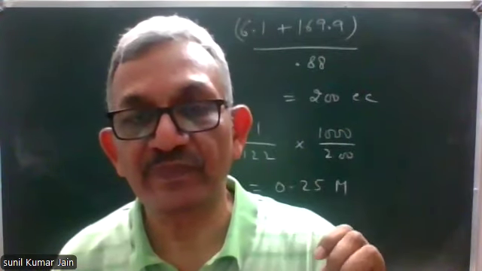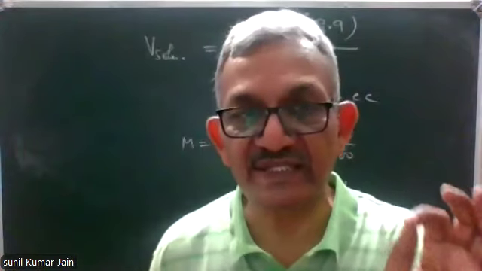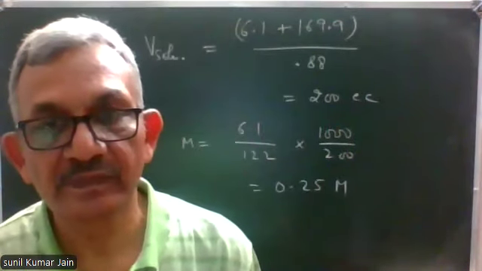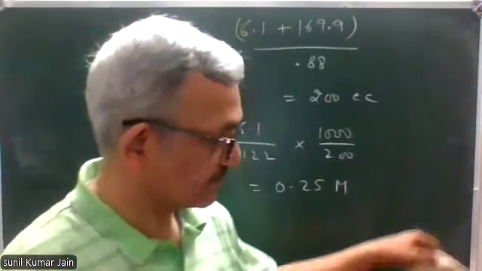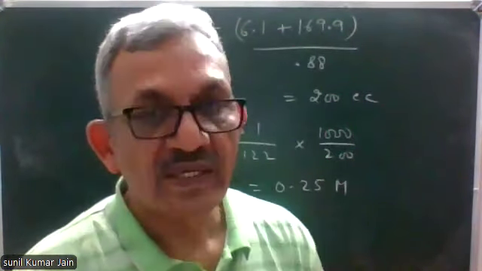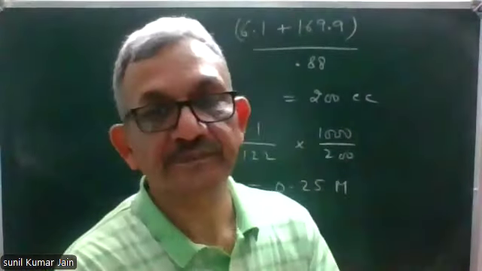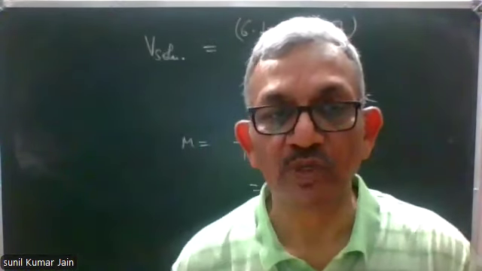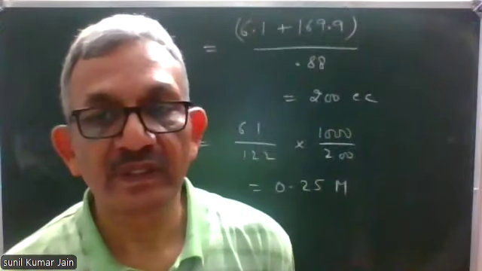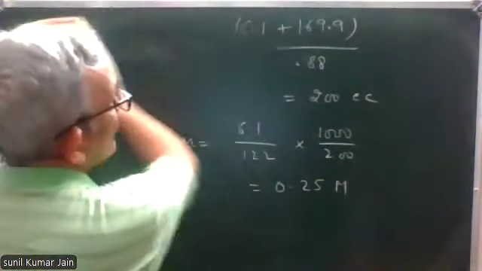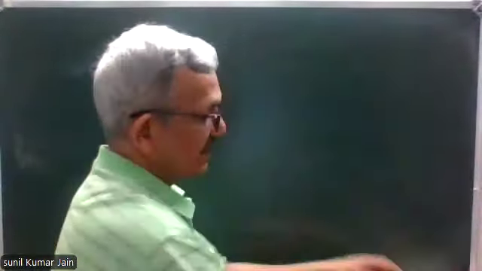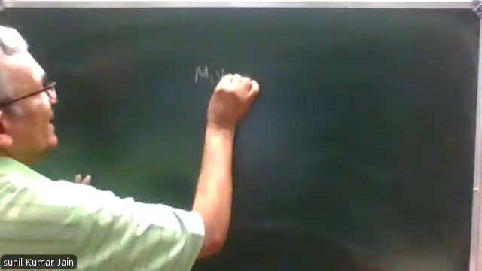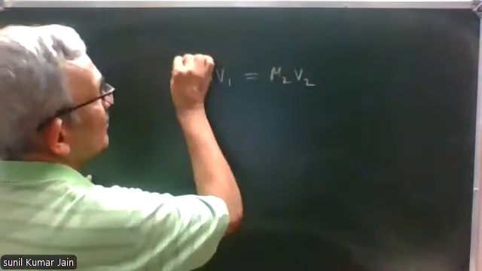If a solution is diluted by the addition of some more amount of solvent, then molarity of the diluted solution can be calculated by using the formula M1V1 is equal to M2V2.